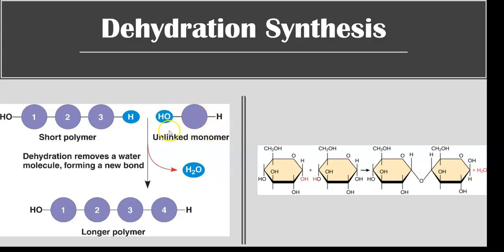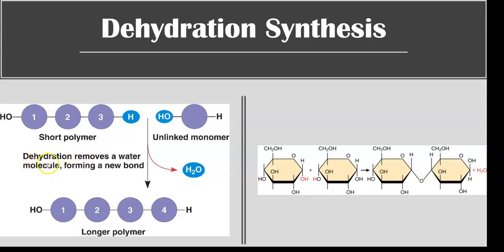Now, in order for this monomer unit to join in with these 3 and make this polymer longer, we have to have a dehydration. We have to remove this OH, this hydroxyl group here, and this hydrogen. Once we do that, that's going to allow this carbon skeleton to bond to this carbon skeleton number 3.